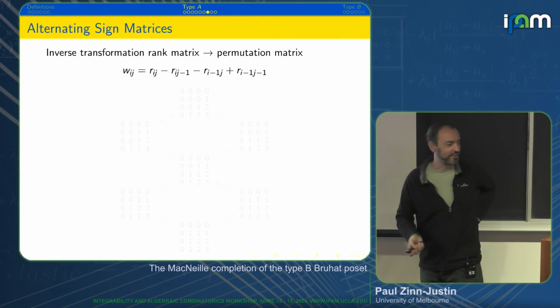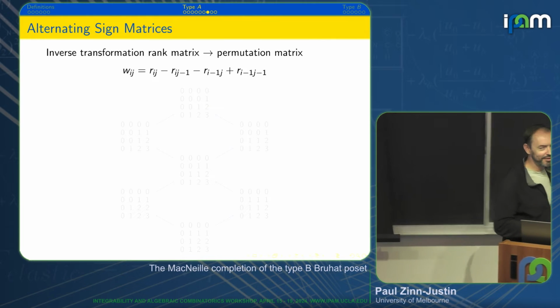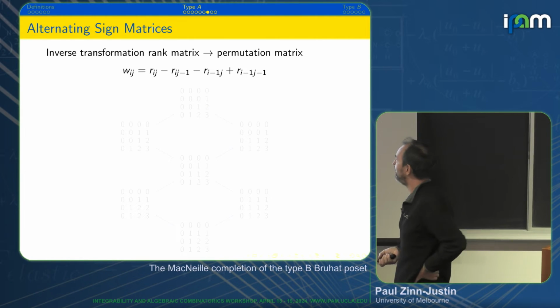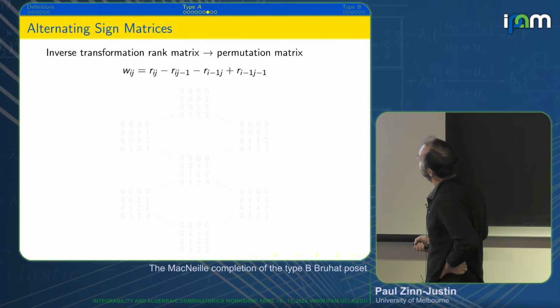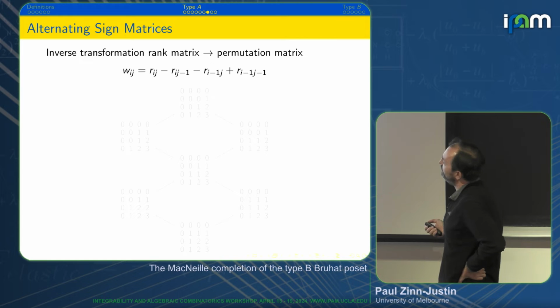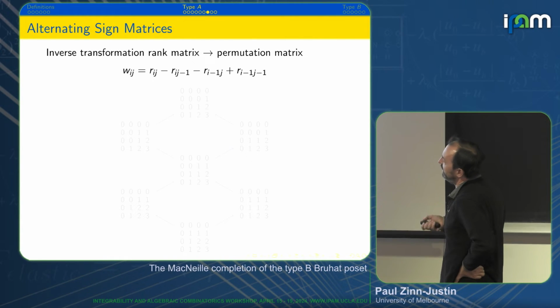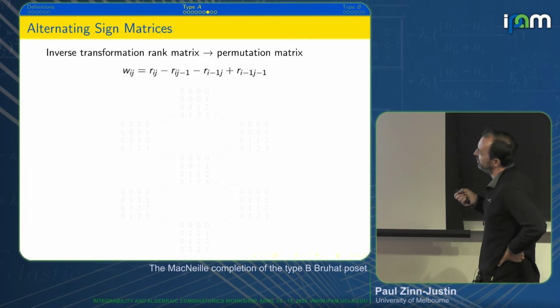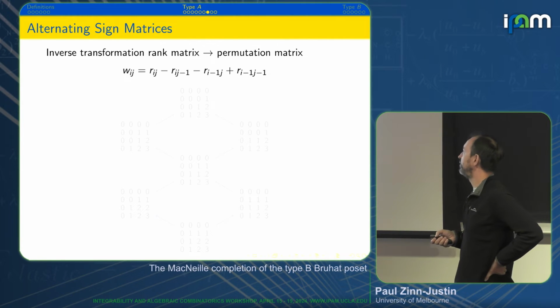So before I get to my open question, I probably should say a word about alternating sign matrices. After all, they were already in the previous talk. So yes, these are all alternating sign matrices in disguise. The way you can think about it is, I define for you a rank matrix out of a permutation matrix, and then I did this operation of taking the supremum, or infimum of the ranks, or supremum of the height functions.